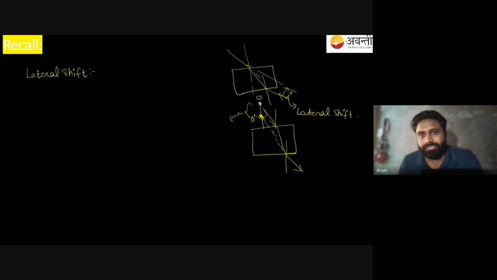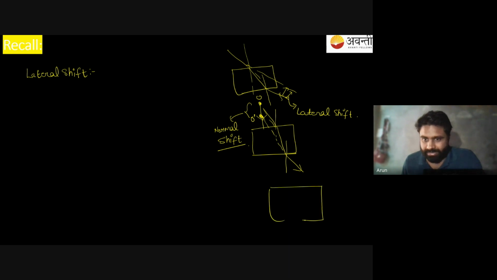This shift is termed as the normal shift. Mostly in cases, we take the normal shift in this manner: this is the glass slab, we send the ray in this manner, so this ray appears here.